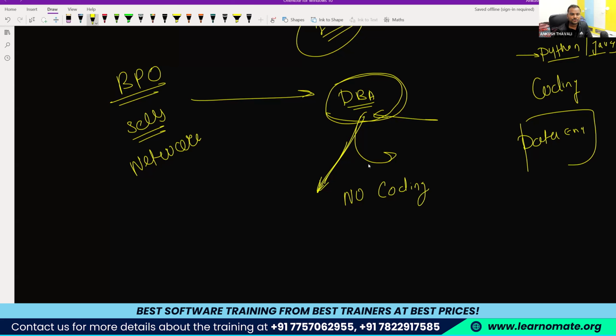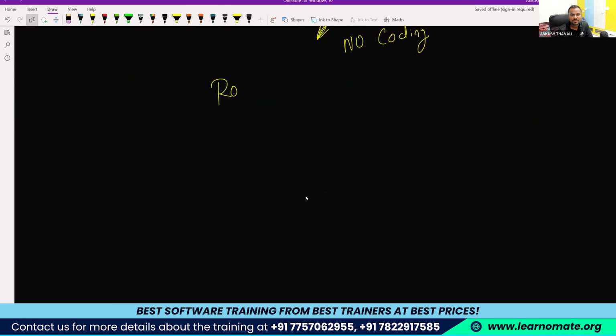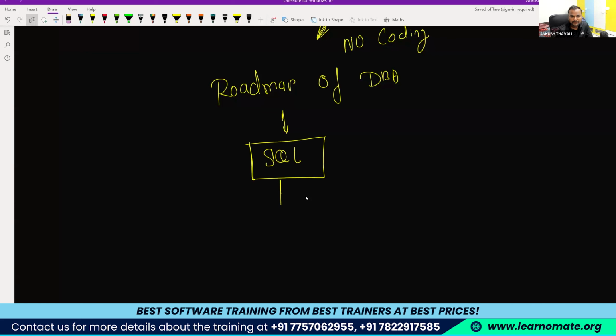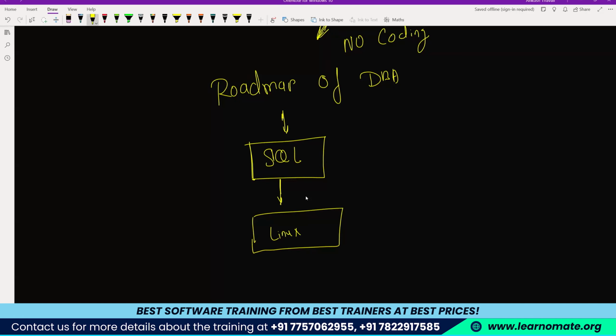If someone asks me what the roadmap of DBA is, the roadmap is quite simple. First of all, you need to understand SQL. Then you need to understand Linux. And if you understand SQL and Linux, then you can directly start learning Oracle DBA. That is the third thing.